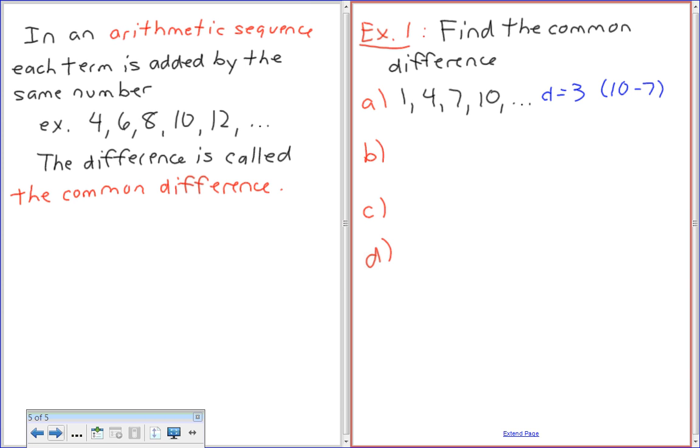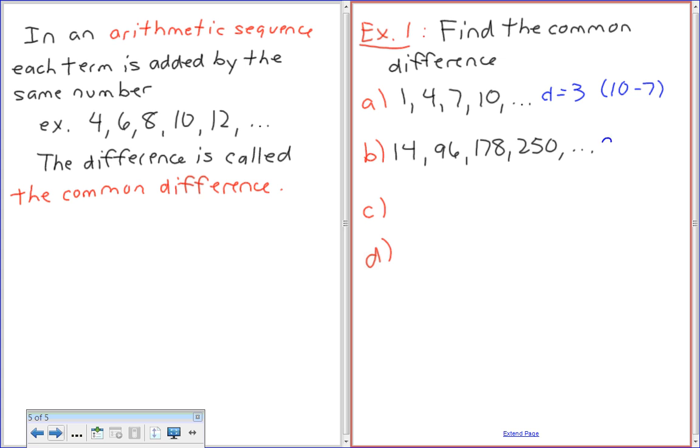All right, for letter B, Sarah, can you be brave and get your calculator out and tell me what the common difference is between those numbers? By the way, you will need your calculators for this unit. Stop, stop, stop. It is not times 3. Thank you, Sarah. Did you get 82?